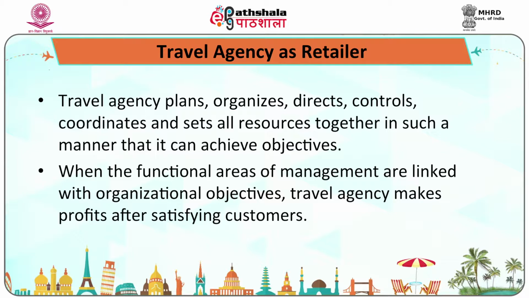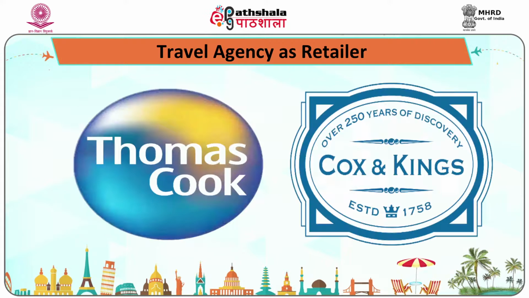When the functional areas of management are linked with the organizational objectives, the travel agency makes profits after satisfying customers. For example, Thomas Cook or Cox and Kings have become leaders in the travel agency business worldwide for their continuous efforts in ensuring quality for customer satisfaction and delight.